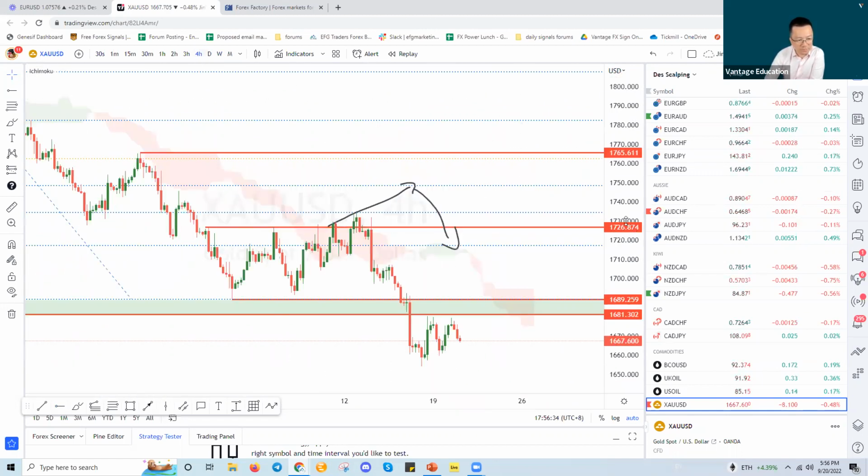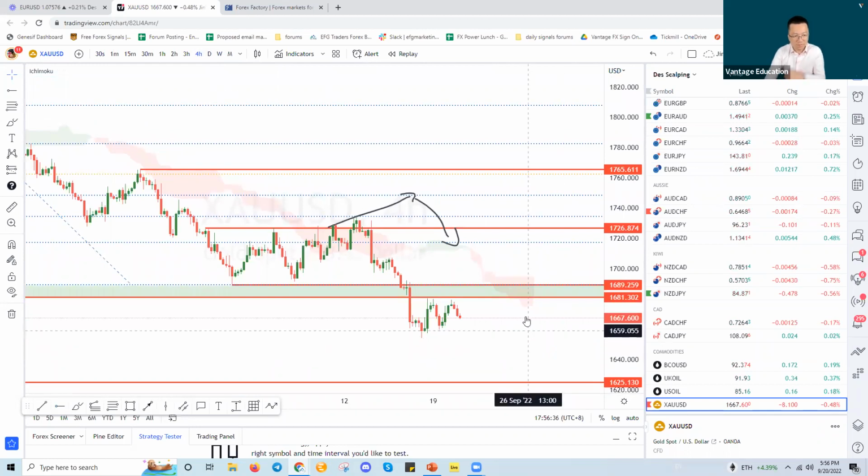So coming back to the H4 time frame, you can see that cloud, right? That cloud pushing down, came up, resisted, rejected that level to push towards the downside. I'm looking to see now if this continues, if that cloud continues to push lower, and if price continues to drop, then we could actually see gold possibly come down towards that 1625 level.